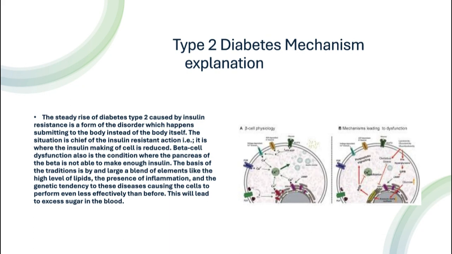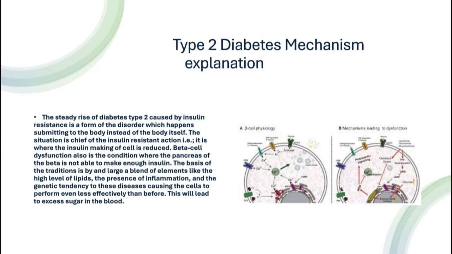Several factors make this process worse, such as a high level of fat in the blood, inflammation in the body, and genetic factors that increase the risk of developing diabetes. These issues all reduce the cells' ability to use insulin effectively, because the cells can't take up sugar properly and the pancreas can't keep up with the insulin production.